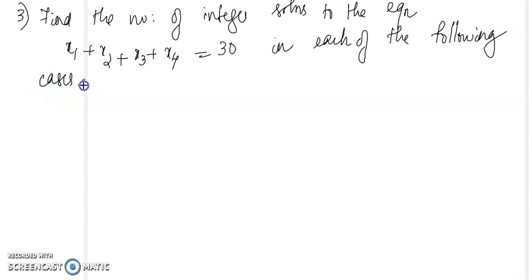So the first one is, xi greater than or equal to 0 for i equal to 1, 2, 3, 4.